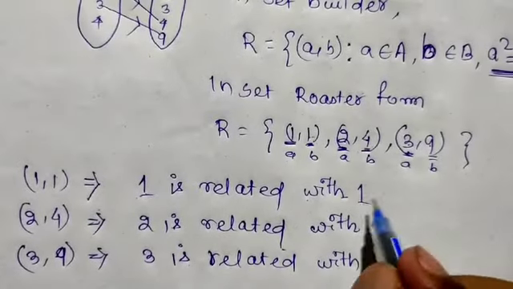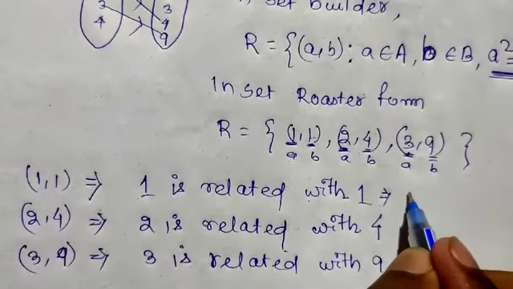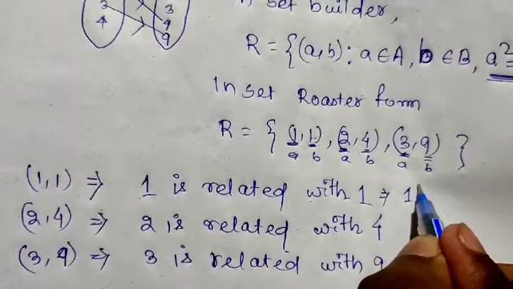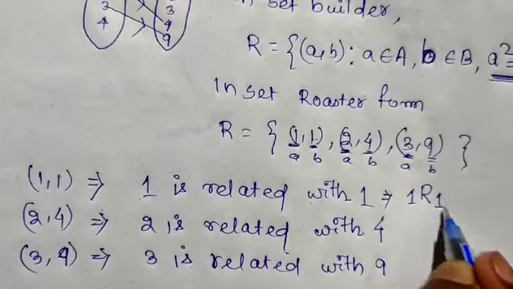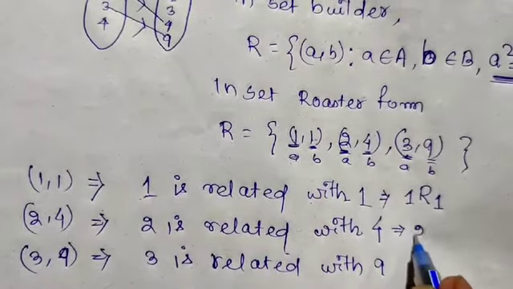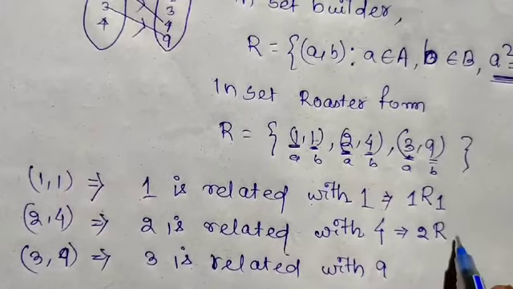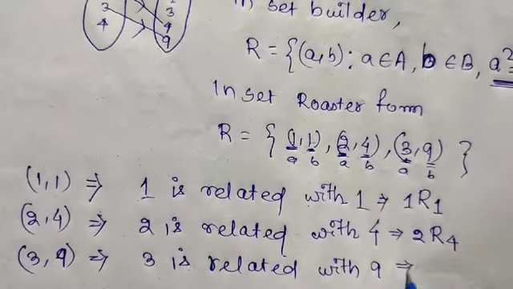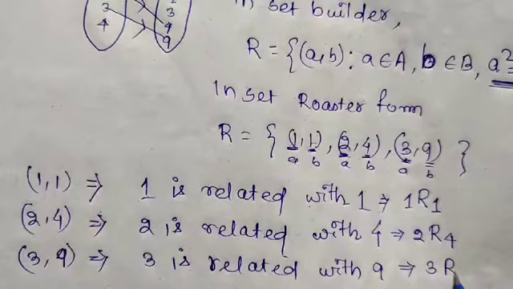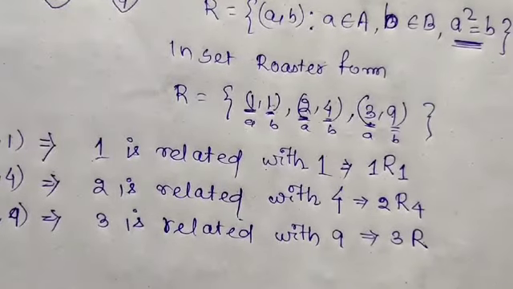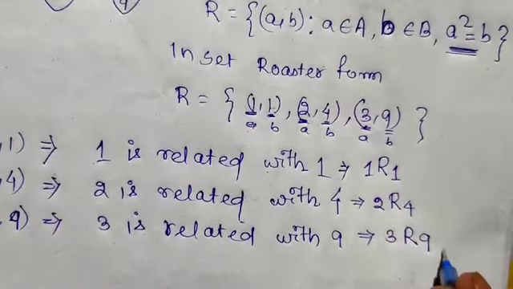Mathematically we may write like that: 1 related with 1, 2 related with 4, 3 related with 9.